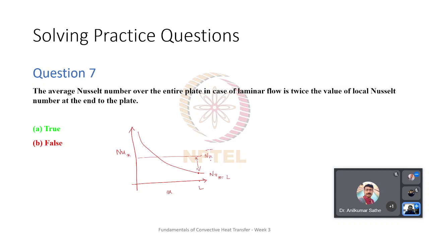So this one would be twice that one. Okay. So this was a very simple one. We'll move on if there are no questions.